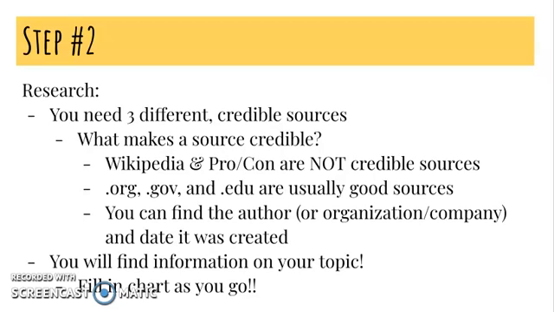It's a chart where it asks you to copy and paste the URL of your site, fill in information about the author, the date published, and if you think there's any bias, which I'll put a note on in the packet about what that means. It'll also ask you to bullet point things that you found about your topic, just basic facts that might help you in creating your speech.